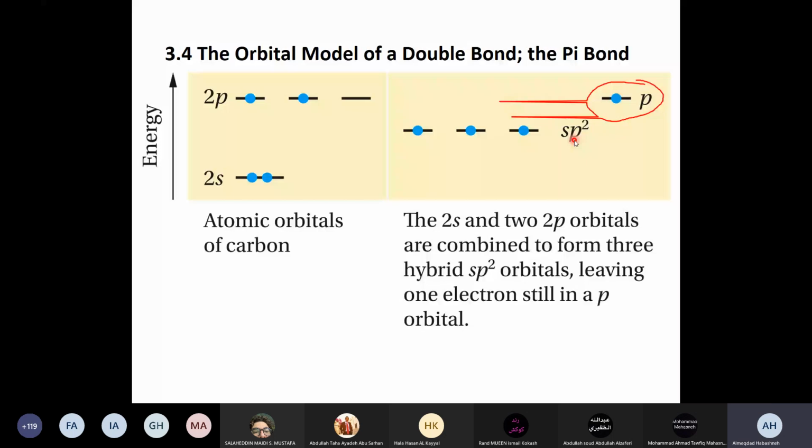Those 3 orbitals have 3 electrons, 1, 2, 3. If we redistribute those 3 electrons following Hund's rule, electron, electron, electron, we're going to have 3 half-filled orbitals.